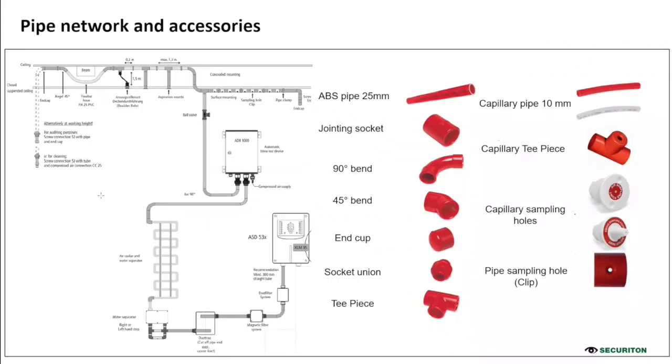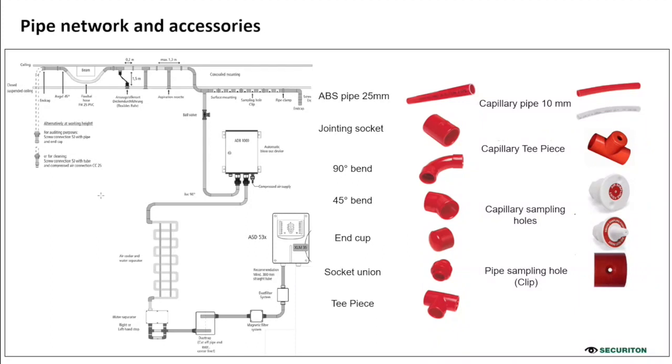Now we have a look at the pipe network and the accessories. These are most of the accessories that make up the pipe network. As you can see in this picture, there could be extra accessories like an automatic blowout device in very dirty conditions.